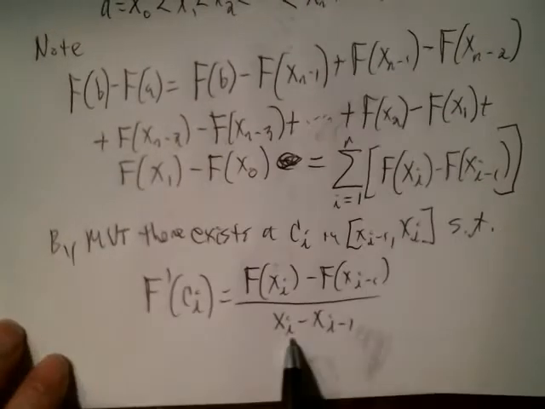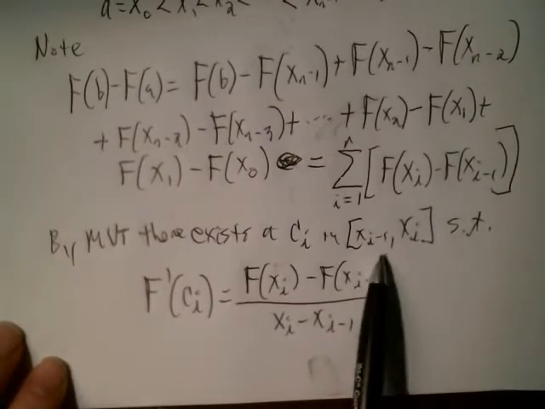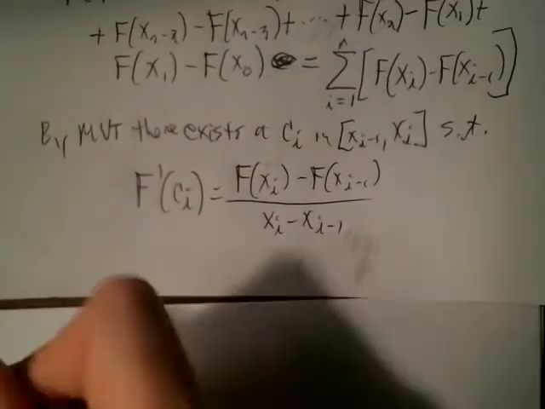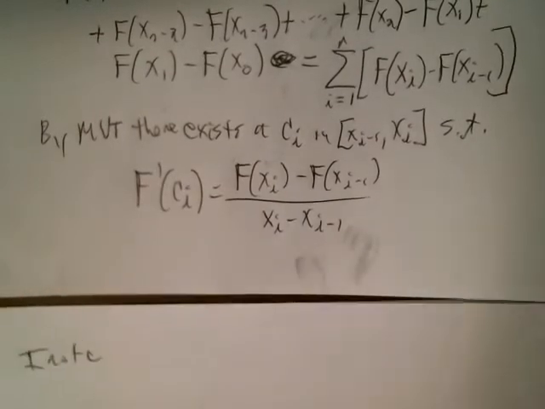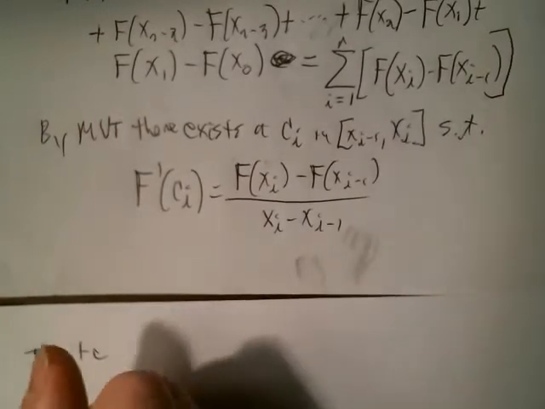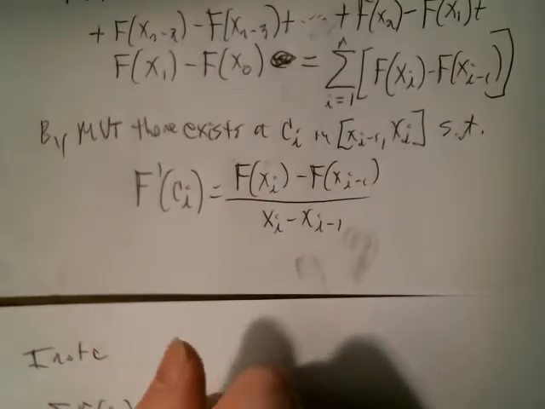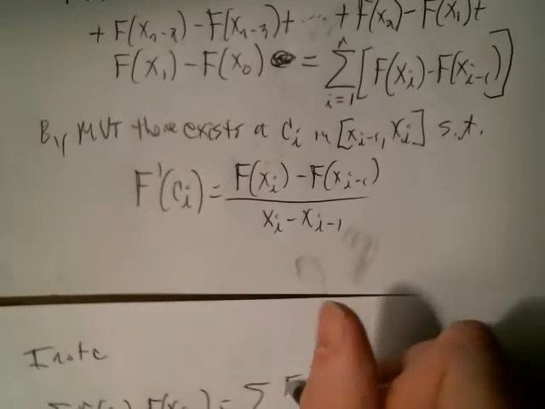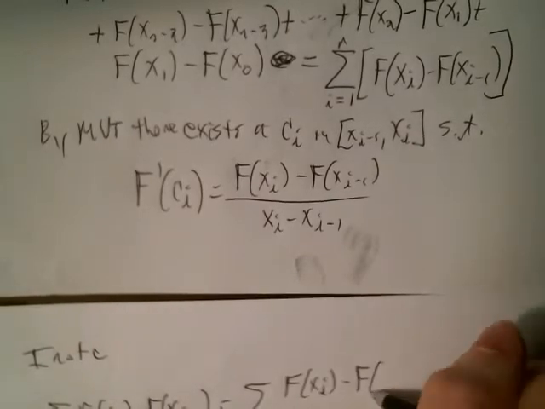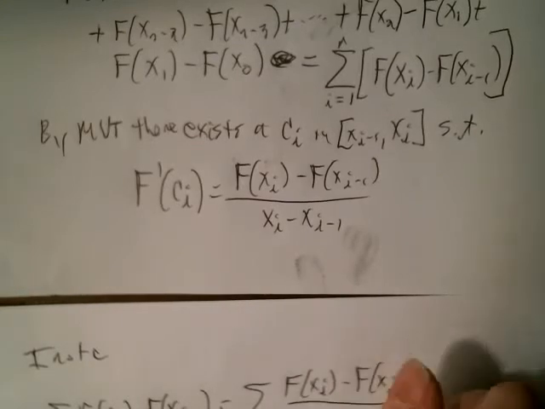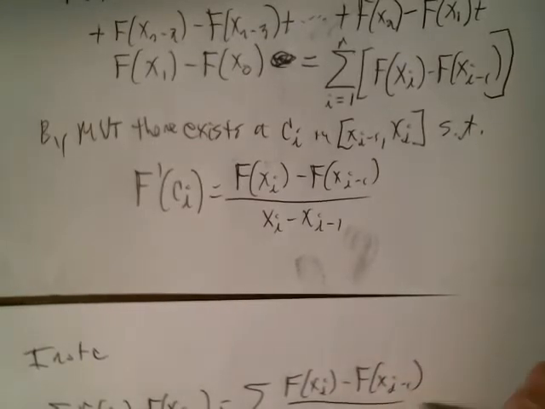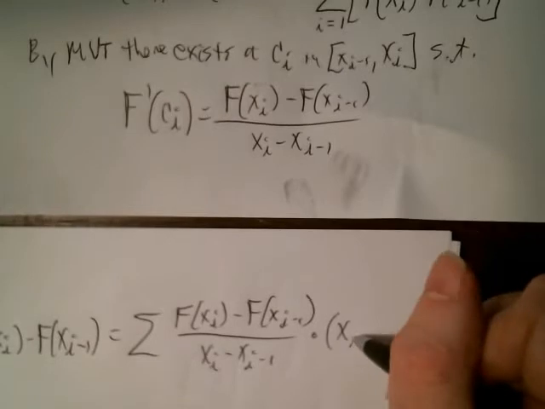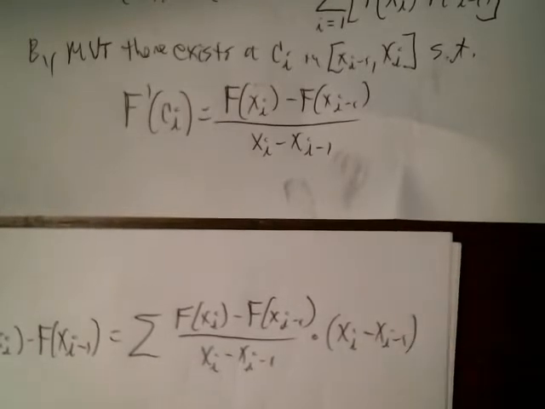Okay, then we go back to this Riemann sum here, and we're going to rewrite it using this. So note, this sum of big F of x sub i minus big F of x sub i minus 1 is equal to the sum of big F of x sub i minus big F of x sub i minus 1 all over x sub i minus x sub i minus 1, times x sub i minus x sub i minus 1.